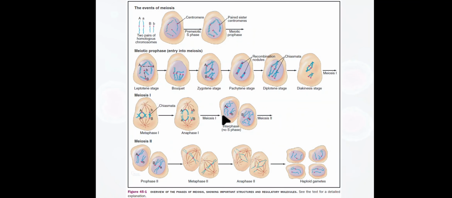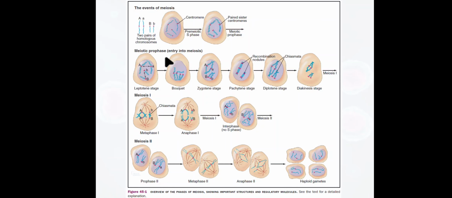So these are the events of meiosis. 2 pairs of homologous chromosomes will be present, and a predominant centromere will be present. It undergoes pre-meiotic S phase. Then there will be formation of paired sister centromeres. Then it undergoes meiotic prophase, which is the major entry into meiosis.